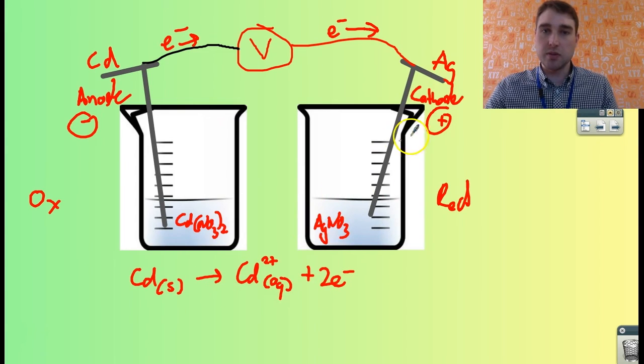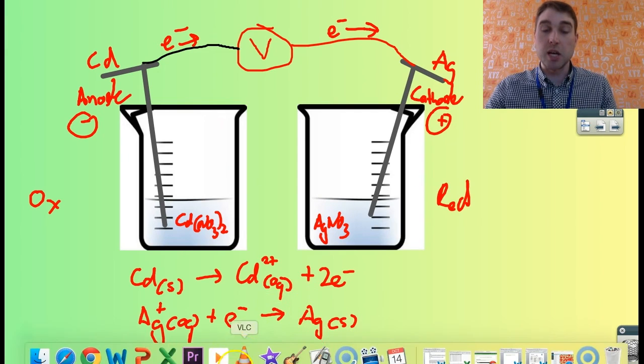Over here the silver is the site of reduction, so the silver ions are being reduced from the solution. So Ag+ aqueous, that's dissolved in the solution, plus 1 electron, because silver only has a charge of +1, goes to solid silver, Ag(s).